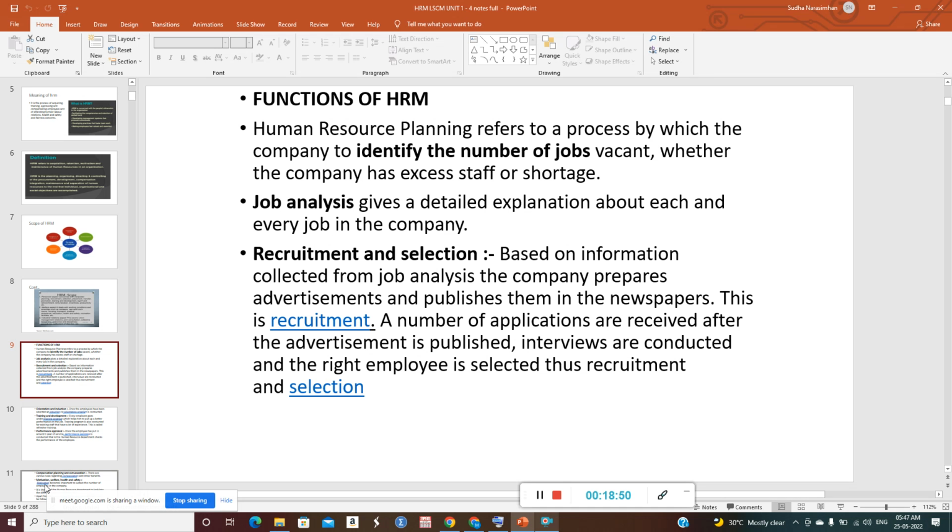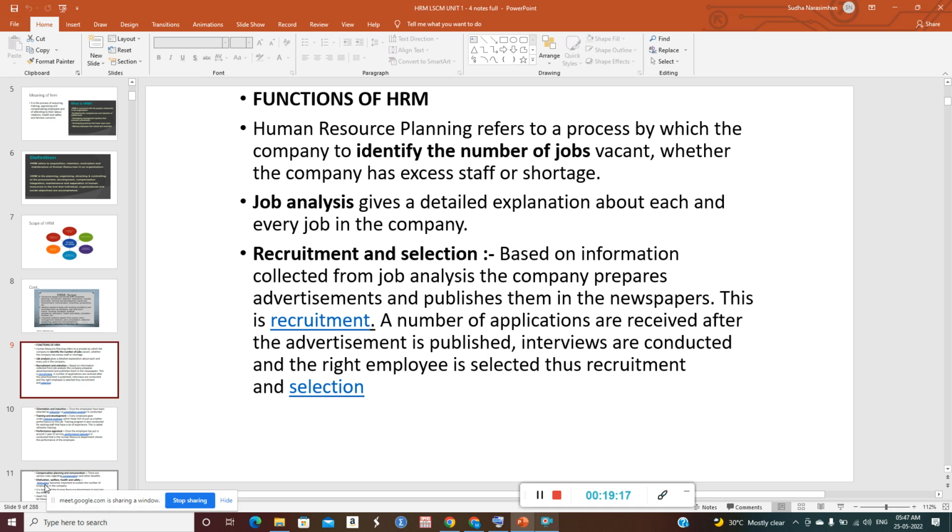So that's why job analysis comes into the foray. Based on all the information provided and collected from the job analysis, the company prepares the advertisements for procuring people, for getting good talented people. You need to publish them in the regional and national newspapers. There are various methods in which recruitment happens.